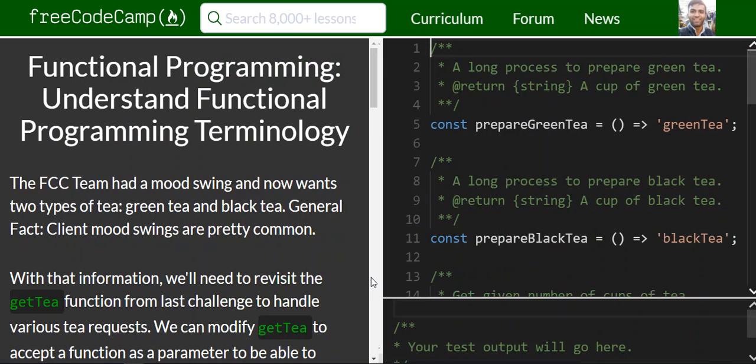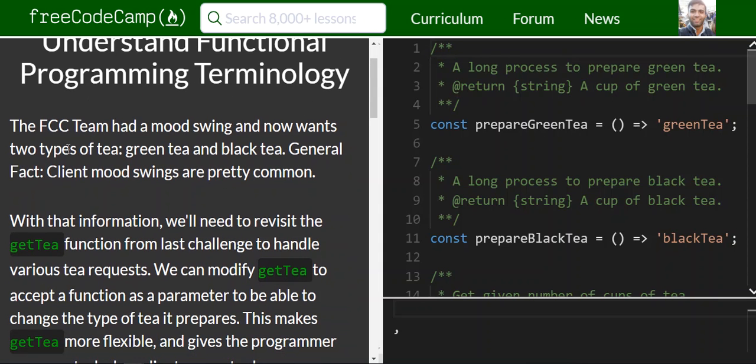Alright, submit and go to the next challenge. Understand functional programming terminology. Right, so the FCC team has a mood swing and now wants two types of tea, green tea and black tea.